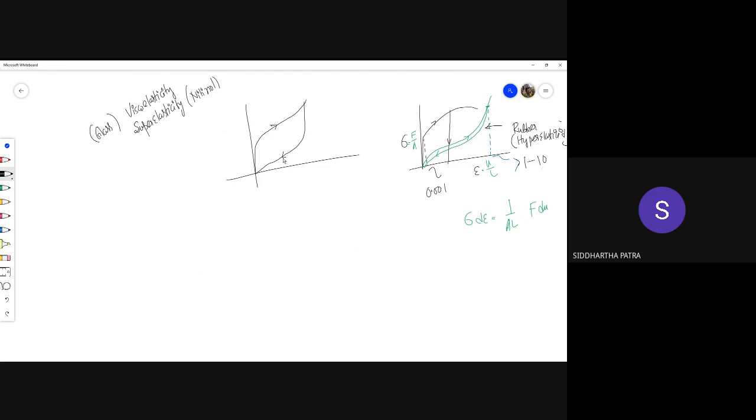Can you tell me why I am calling it pseudo elasticity? Sir, because it's returning to its original position, but not along the same path. Yes. And what does that mean? While loading, you can imagine the area under the curve is how much energy per unit volume you are putting into it. Of which viscoelasticity is also rate dependent.